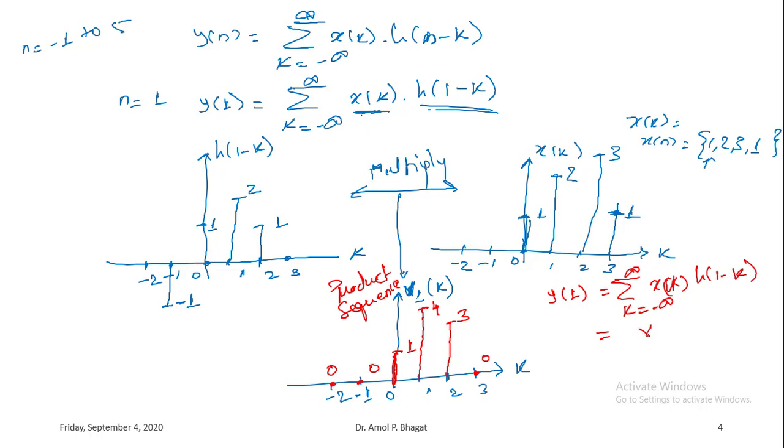This is nothing but the sum of your product sequence v1 of k. So simply you will now be adding all the values present in this sequence: 0 plus 0 plus 1 plus 4 plus 3 plus 0, it will be simply 8. Okay, so for y of 1 you got the value 8, and y of 0 we got the value 4.